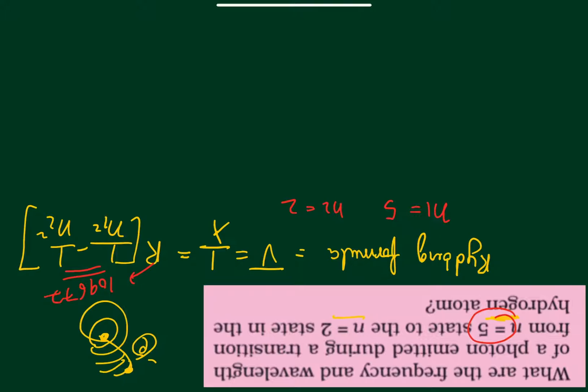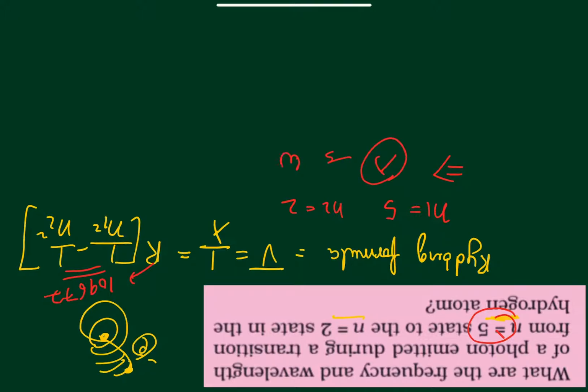Alright, so let us solve this now. So this now will be your formula. Alright, okay, now from this formula what you can do is, after substituting these values, you will get the value of lambda.